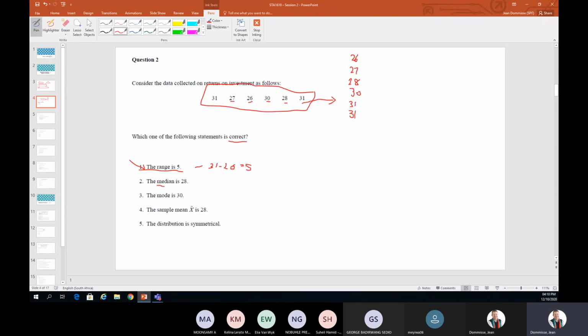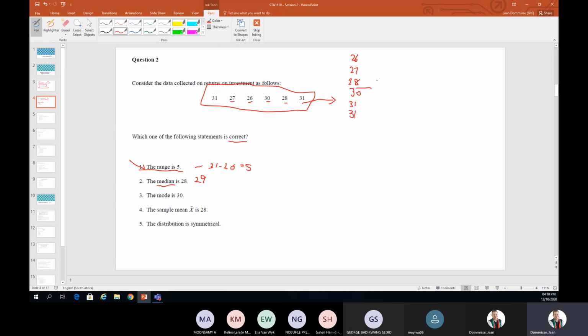The median is the one that is in the middle. We have 6 numbers, so it is the one between number 3 and 4. If 28 is there and 30 is there, the number in between those two is 29. So the median would have been 29.